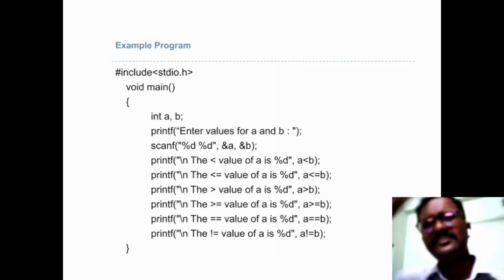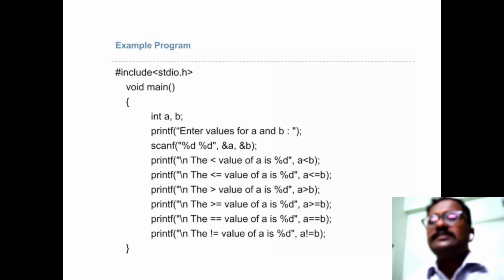Next, the second condition is a is lesser than b, or b is lesser than a. This line prints the result of the logical expression a is lesser than b or b is lesser than a.